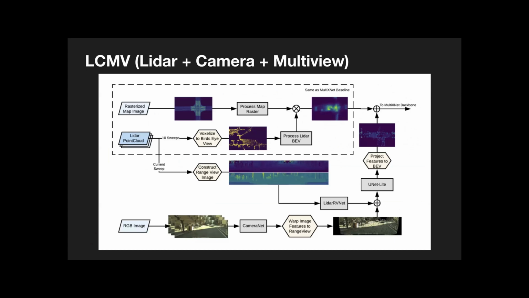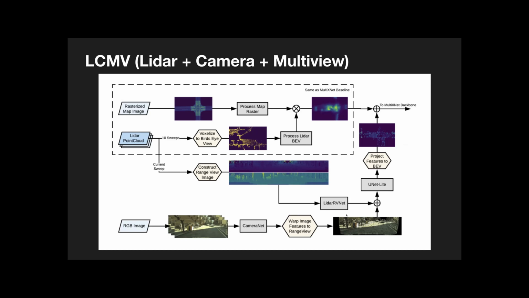The top part is the same as LaserNet, so I'm going to skip it. But let's focus now on the second part. One thing it adds is it takes the point cloud and also creates the range view representation. And adds the images, right? The images come from multiple cameras, not just one, and employs independent networks to process the LiDAR on one side and the camera on the other.